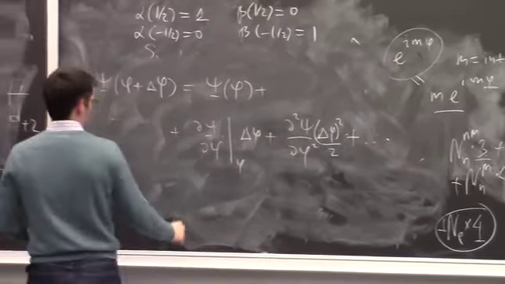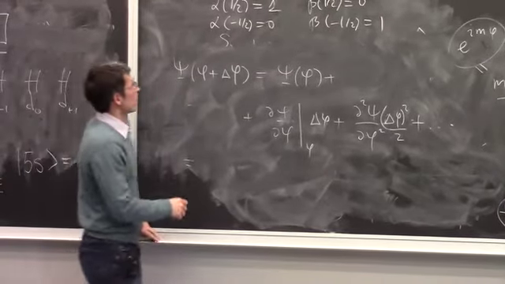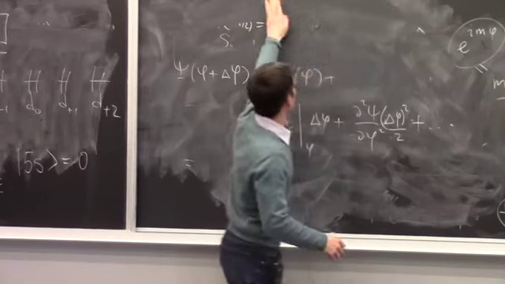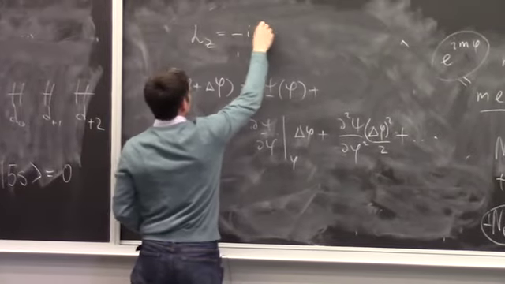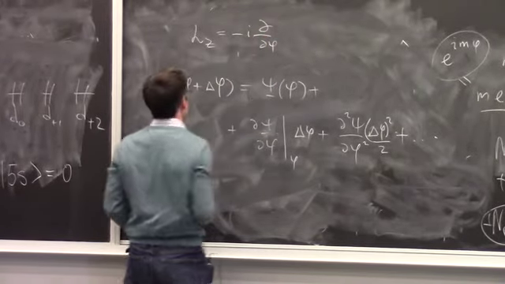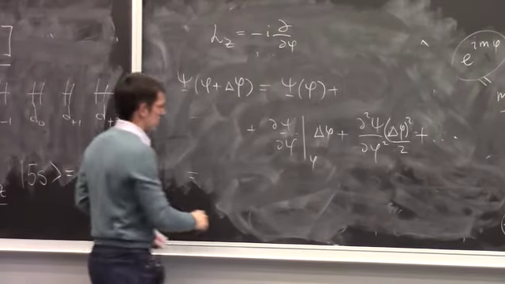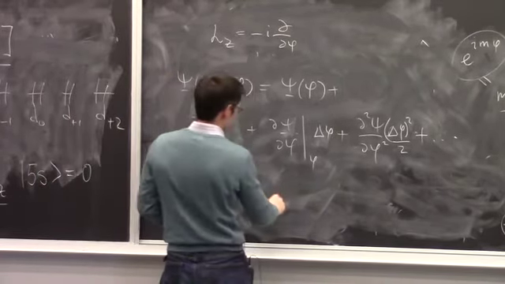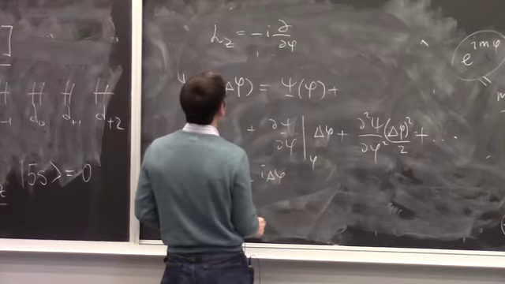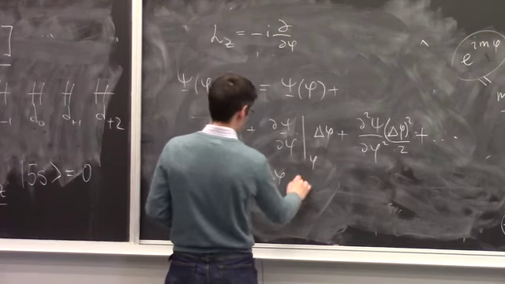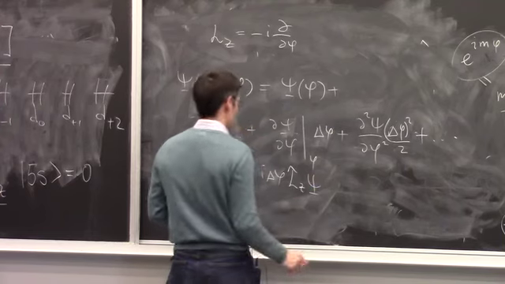Now this can all be written using the Lz operator. Why? Because the first derivative term is just delta phi multiplied by i, times the Lz operator acting on psi.